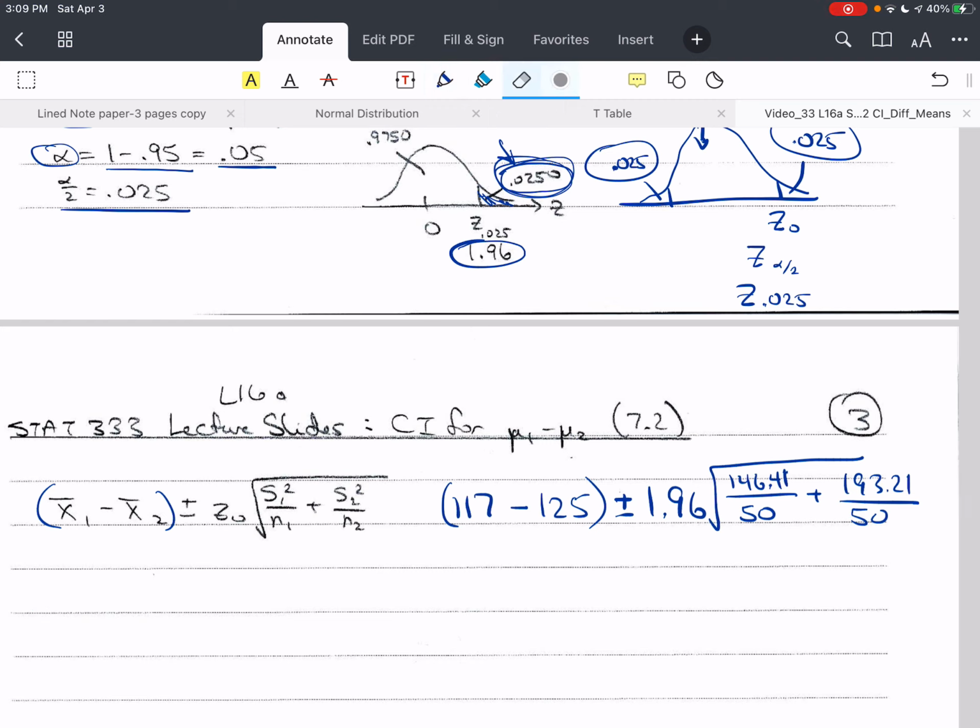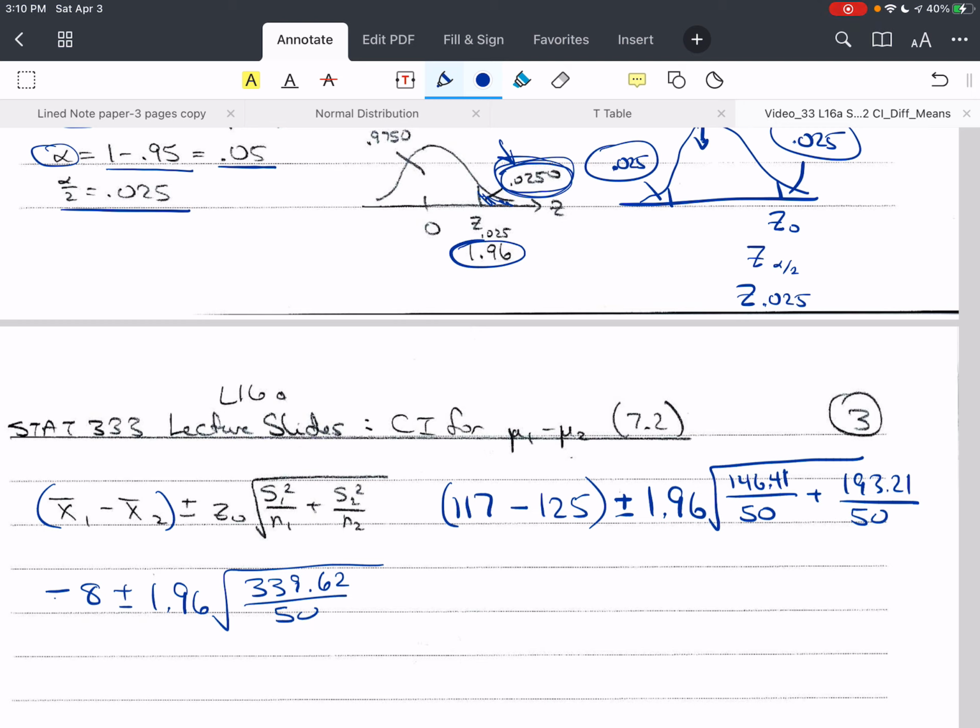actual values, negative 8 plus or minus 1.96 times the square root of 339.62 over 50.